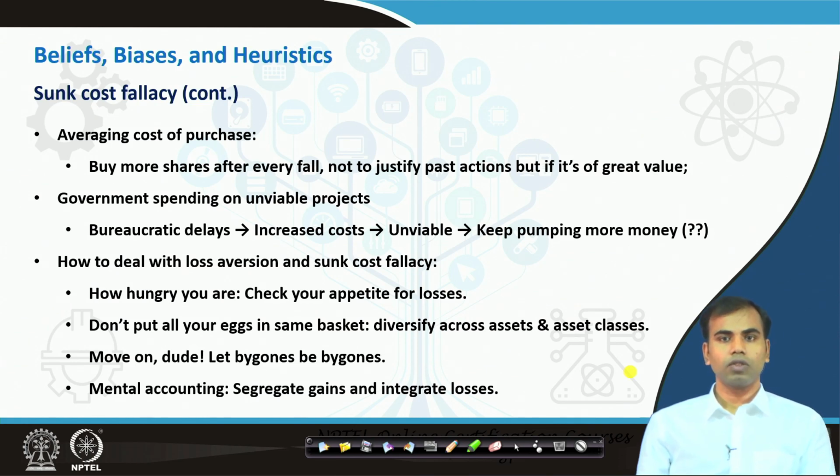Second step is to diversify as much as possible. As it is said, do not put all your eggs in a single basket. To overcome sunk cost fallacy and loss aversion, you should diversify across all assets and across asset classes.